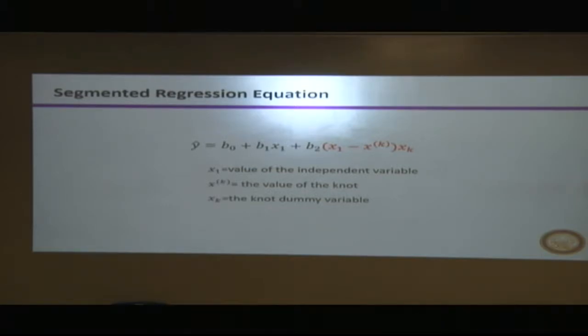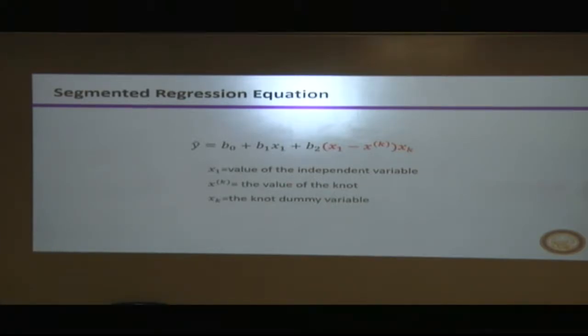So let's look at the definition of these variables. x1 is a value of the independent variable. X superscript k is the value of the knot, which is the breakpoint. And xk is a dominant variable.